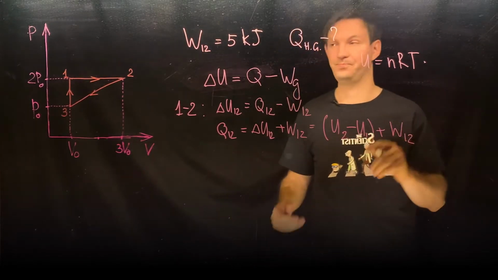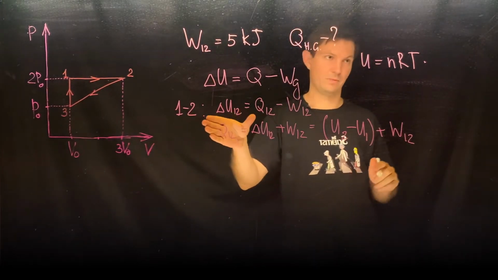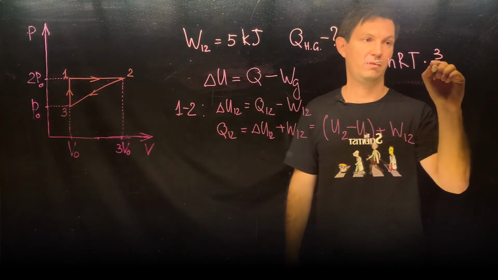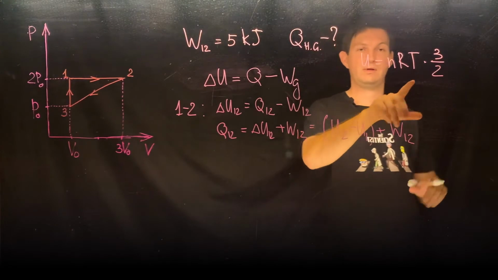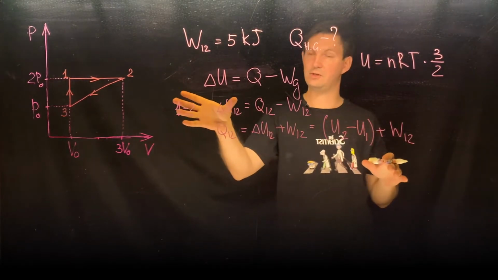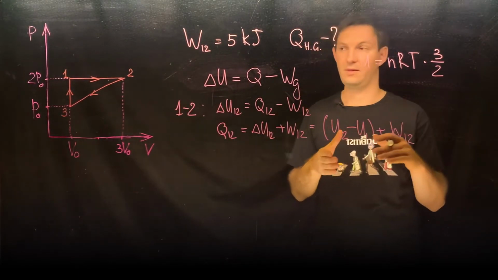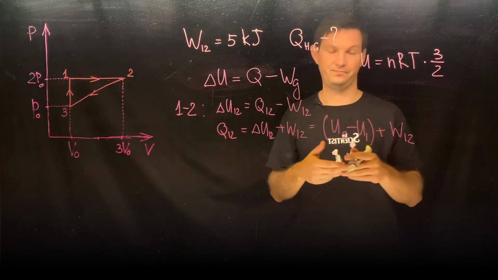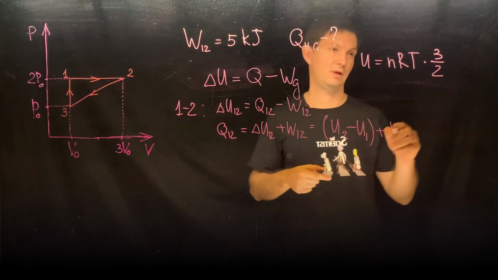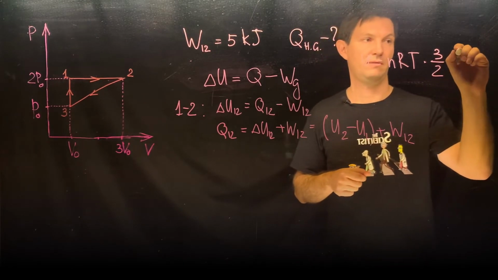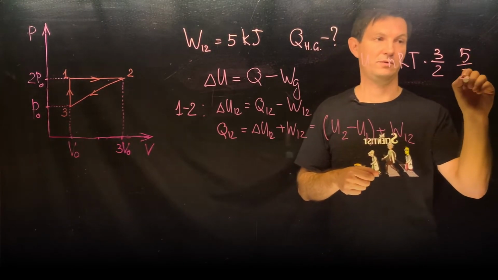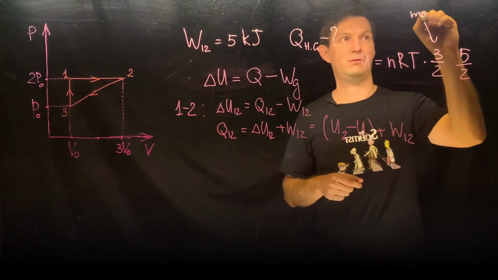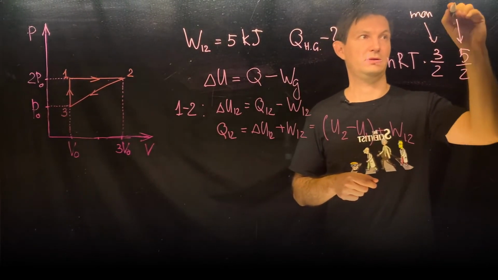And we must multiply this by 3/2, because this gas is monatomic. If there were 2 atoms, then it should be 5/2. But it is monatomic, not diatomic.